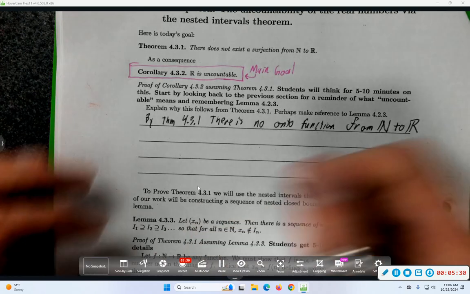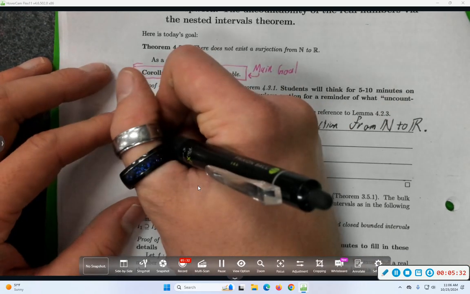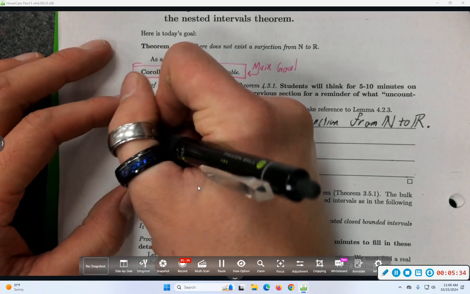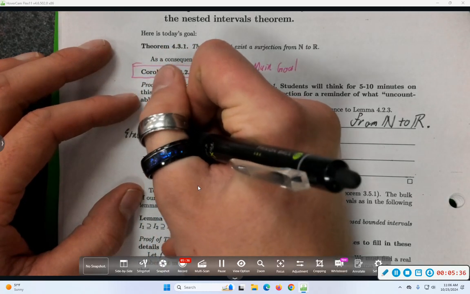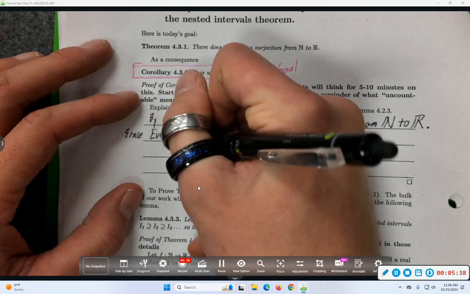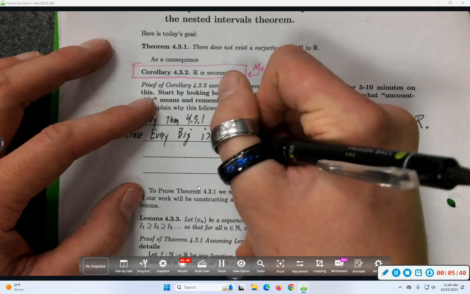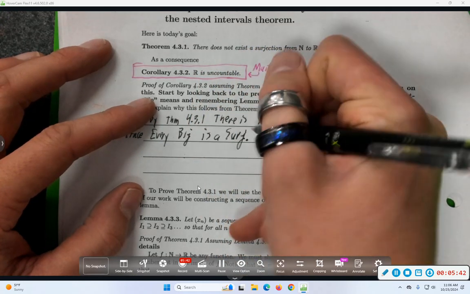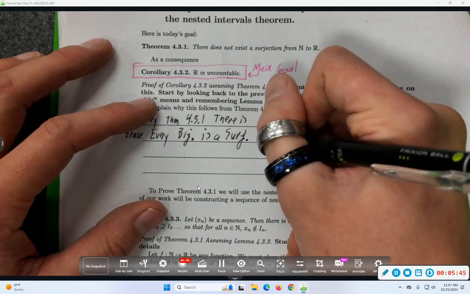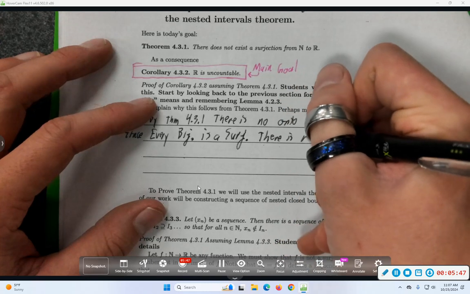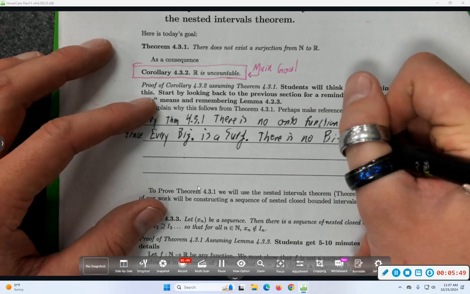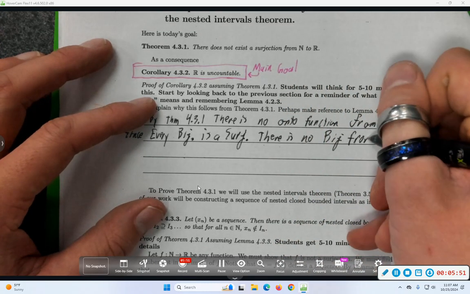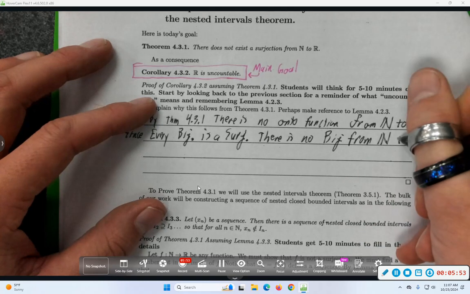Since every bijection is a surjection, there is no bijection from N to R.